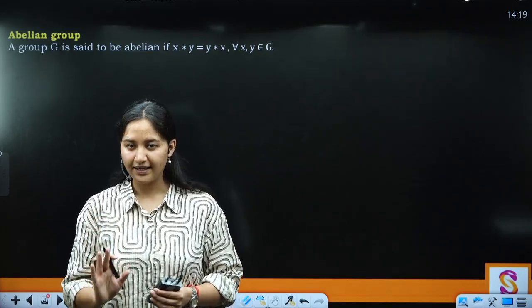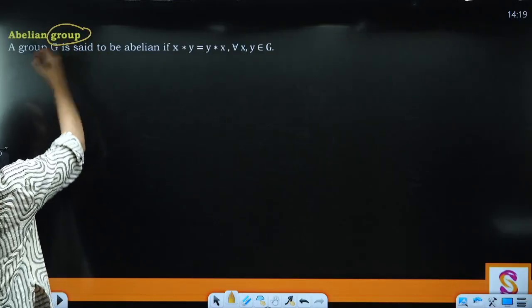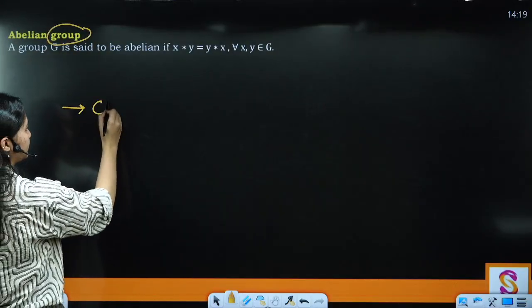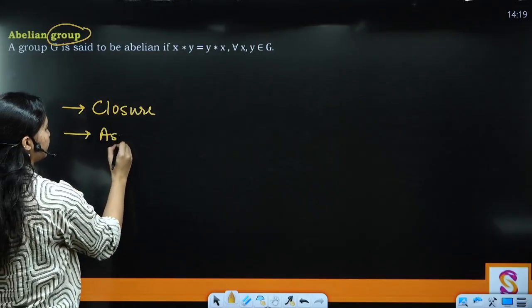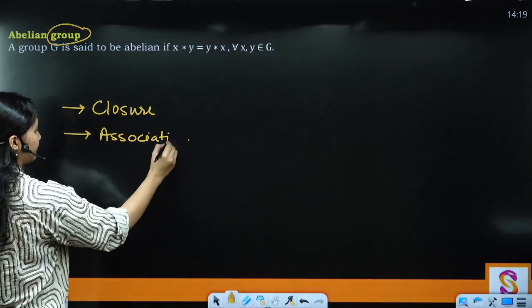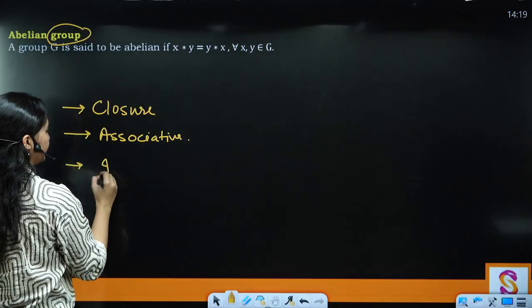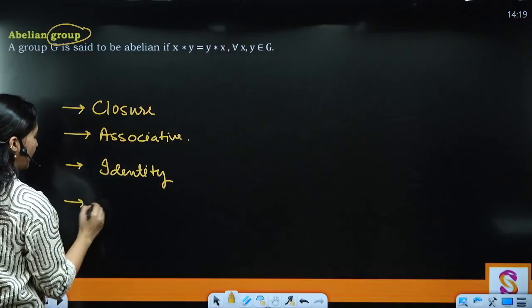So that you are able to write it properly, right? So when we talk about abelian group, first of all it has to be a group. So the four properties that we know are closure, associative, then you have identity, and finally you have inverse.